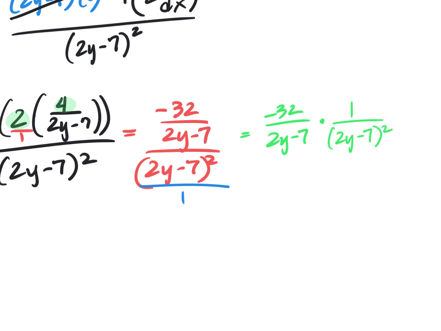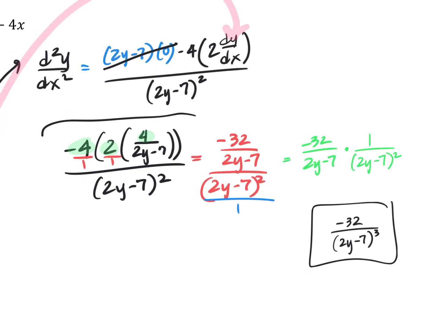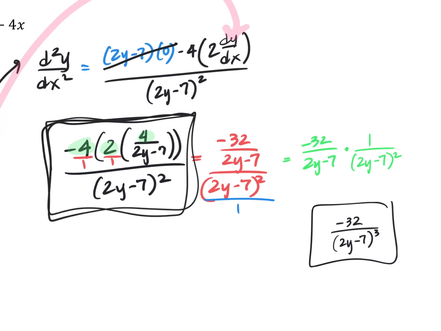What would my final answer be? 2y minus 7 cubed and the -32. Yeah, she's saying I'd have 2y minus 7 cubed on the bottom there. Do you have to go that far? No. But is their answer going to be that? For sure, if it was multiple choice. If it was free response, Gucci, right here. You know what I'm saying, people?